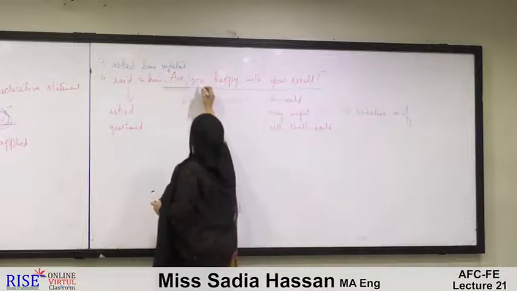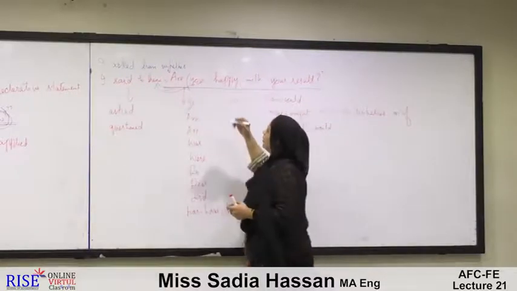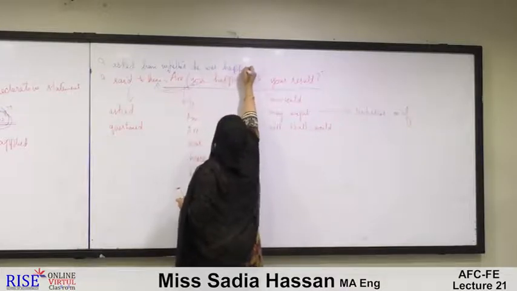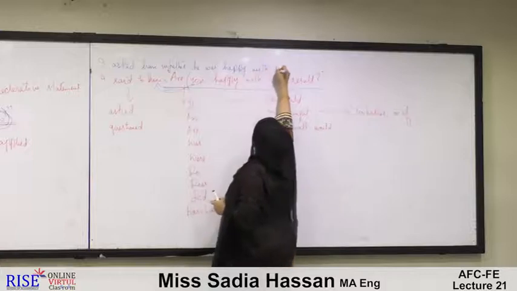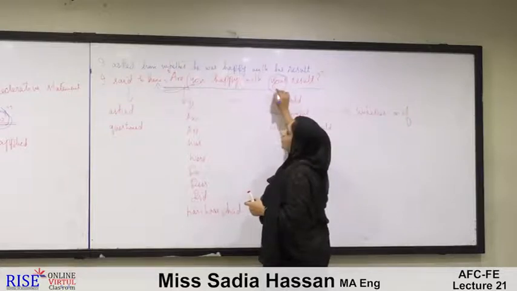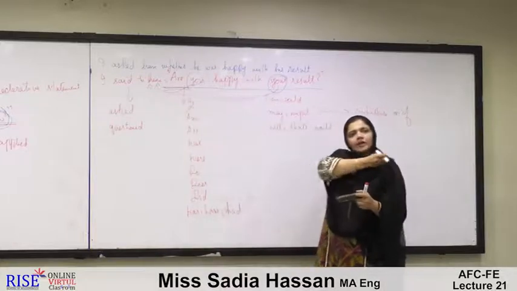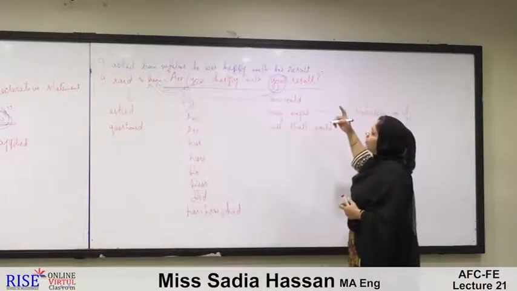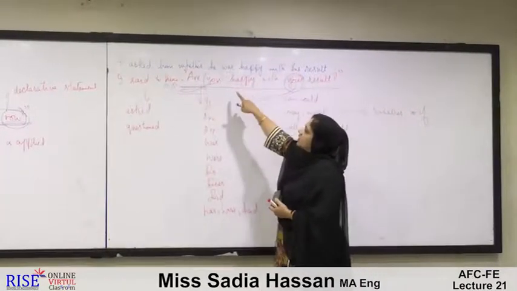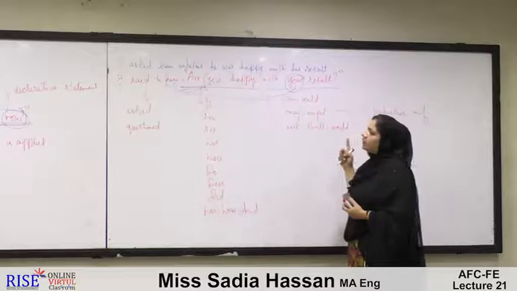Again, you is a second person pronoun that changes according to him, whether he was happy with his result. Your is the possessive case of the second person that would be changed according to the object, and he is the case. So the possessive case of he is his. So this your is changed into his. This is the change of the interrogative sentence. I asked him whether he was happy with his result.